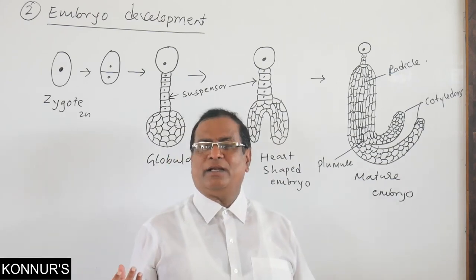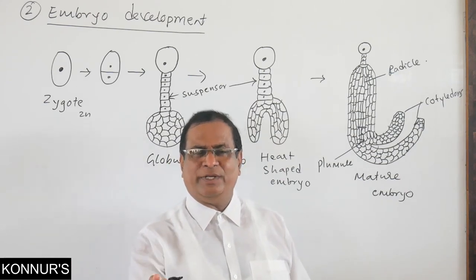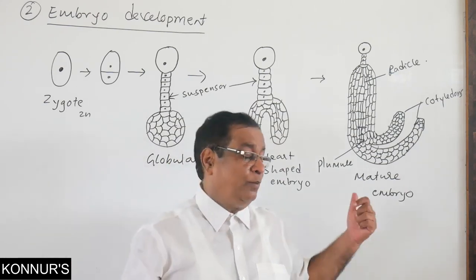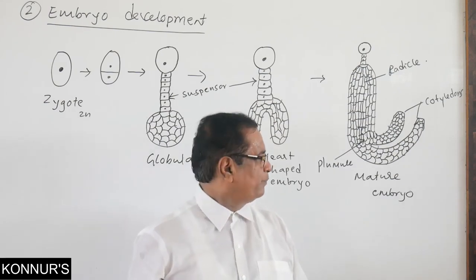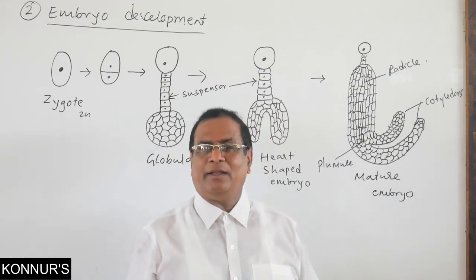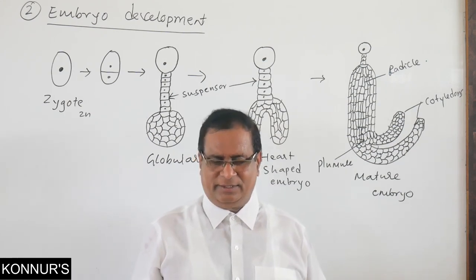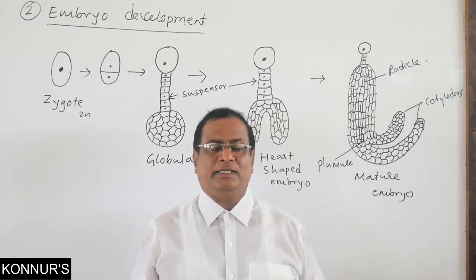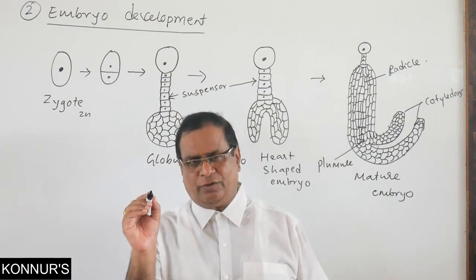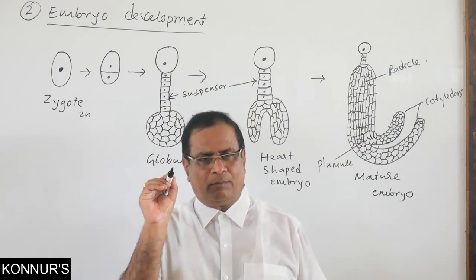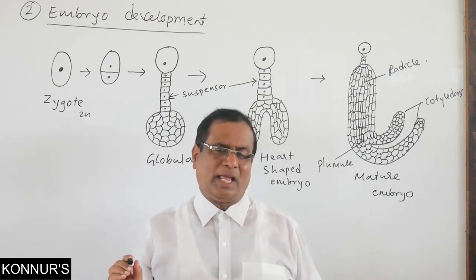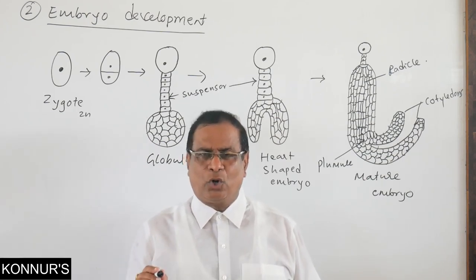Finally, the appearance of the radicle part which gives rise to root system, the plumule part which gives rise to shoot system, and the cotyledons. And we have to study separately the structure of dicot embryo and structure of monocot embryo.